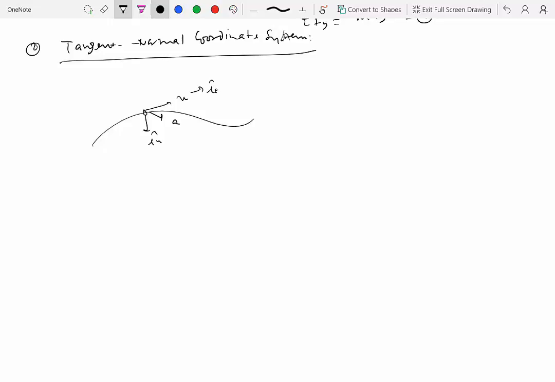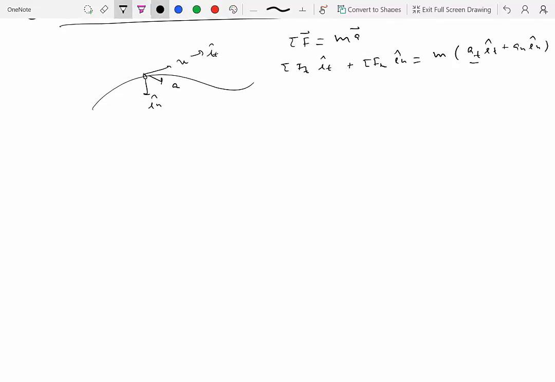So we have et hat and we have en hat. So sigma f equal to ma, of course it still applies, and this would be sigma ft along tangential direction plus sigma fn along normal direction equal to m times acceleration, which is also along tangential direction and normal direction, right? We already know what these things look like in the tangent normal system, so we can write that.